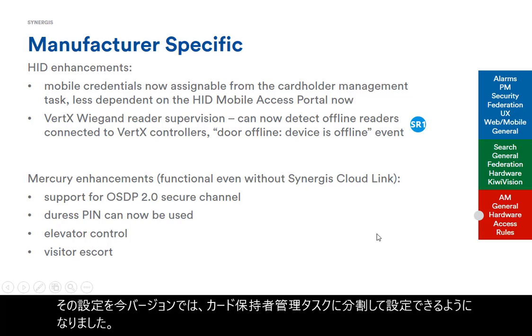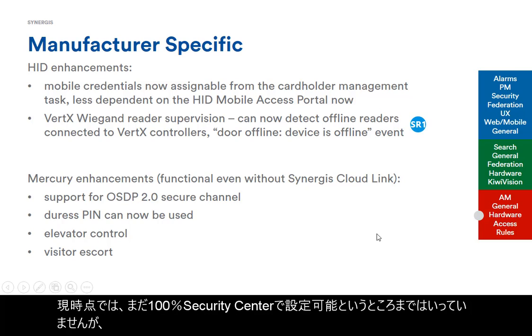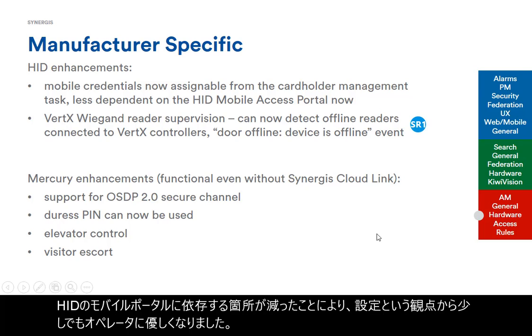So we've moved some of it over into the cardholder management. There is some configuration that does need to be done on the HID mobile access portal still, but it is less dependent on it. So that's a lot easier now for your operators, at least, in terms of setting up those mobile credentials.